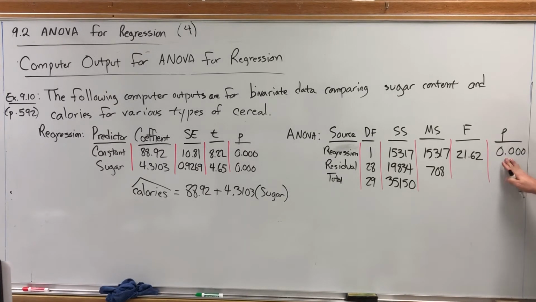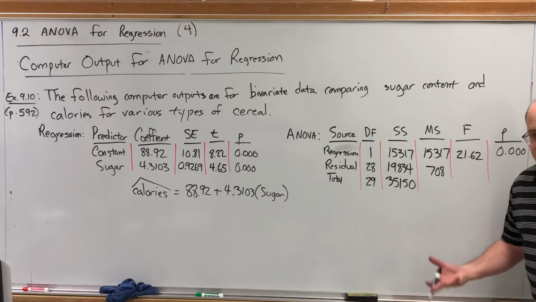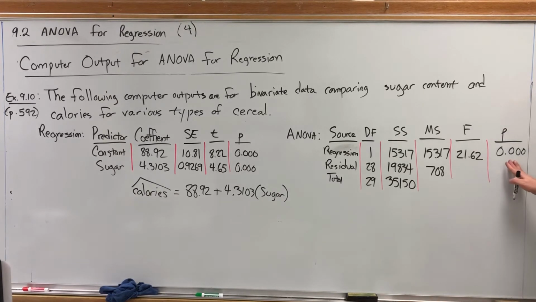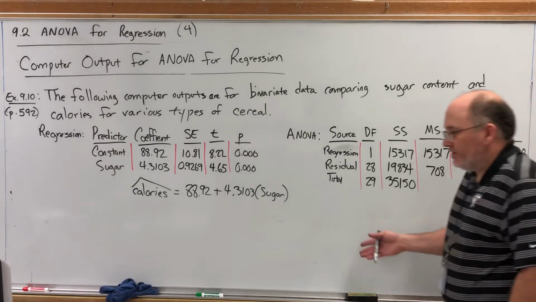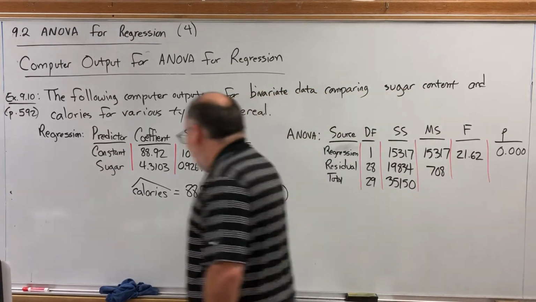Remember that the null hypothesis in this analysis of variance is the model is ineffective. The alternative is the model is effective. Because the p-value is less than 5%, we would reject the null hypothesis, accept the alternative hypothesis, and conclude that the model is effective. In other words, that sugar is an effective predictor of calories.